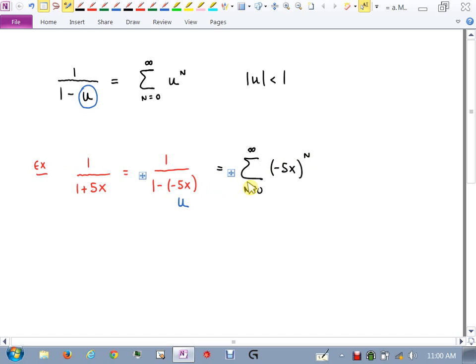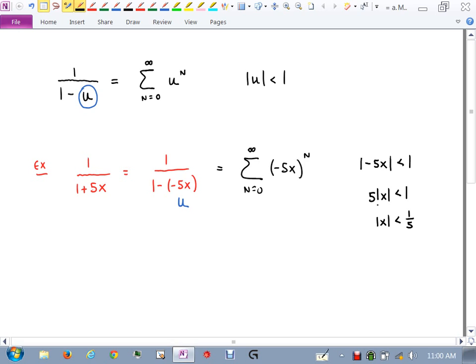So long as the absolute value of negative 5x is less than 1, which is the same as saying 5 times the absolute value of x is less than 1, which is the same as saying the absolute value of x is less than 1/5, right? So as long as the number that you plug in here, its absolute value is less than 1/5, then this expression turns into this power series.